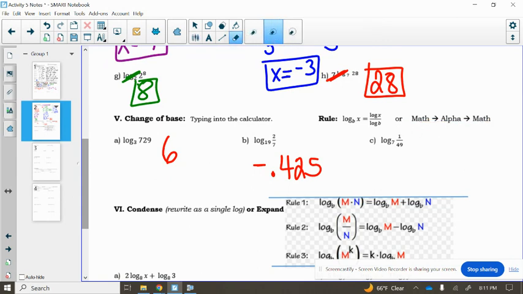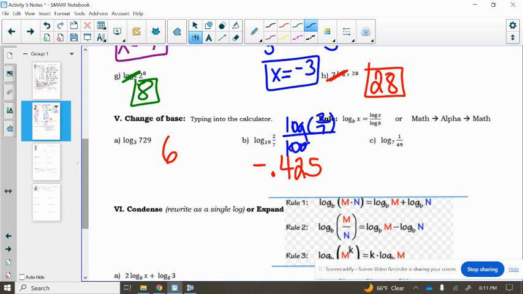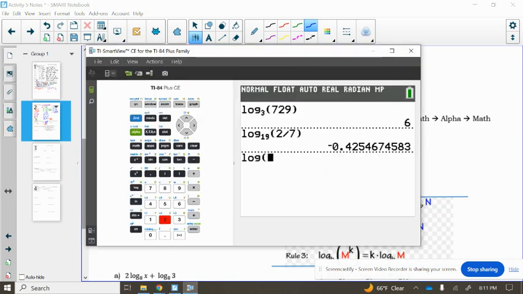This is where we talk about what's officially called the change of base. Your base will always go on the bottom. So we can type this in as log, and you could use the common log or the natural log. Usually I like to use the common log of 2/7 divided by log of 19. Make sure you close that parenthesis.